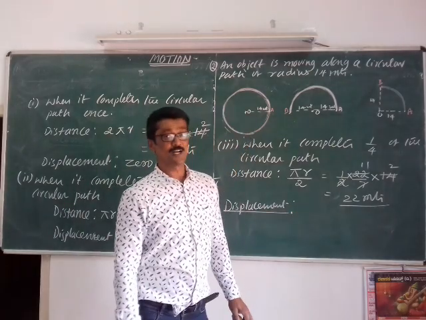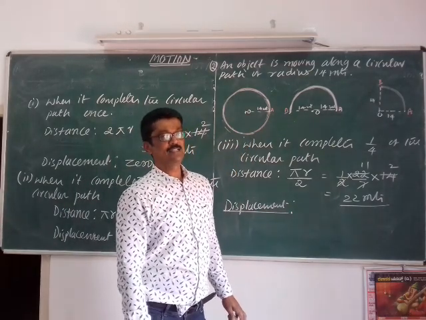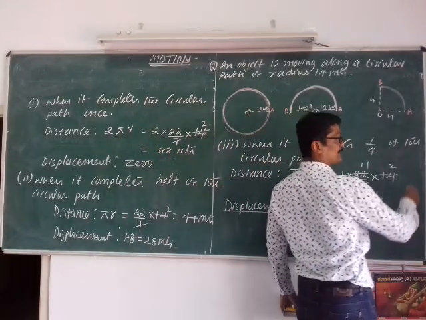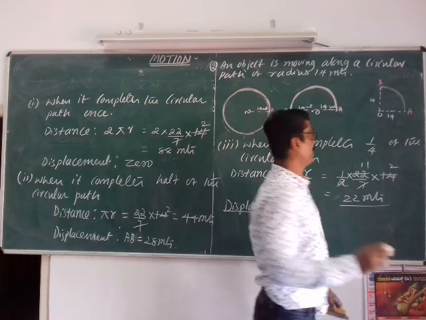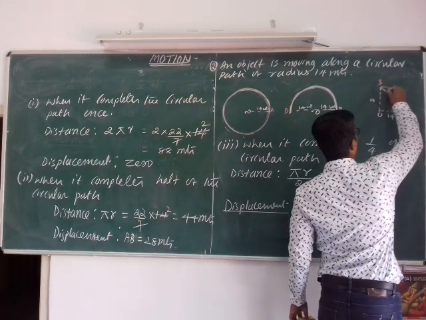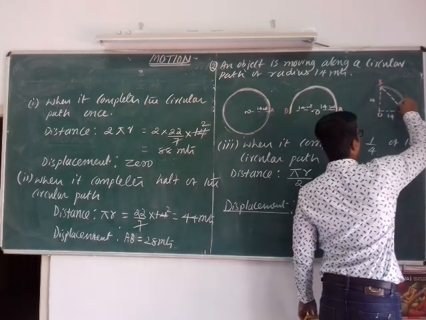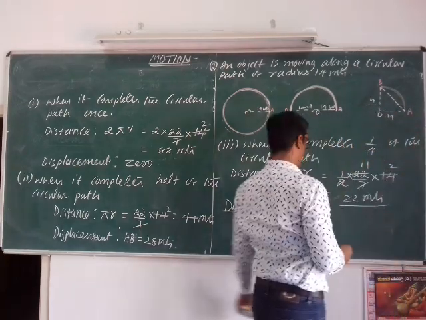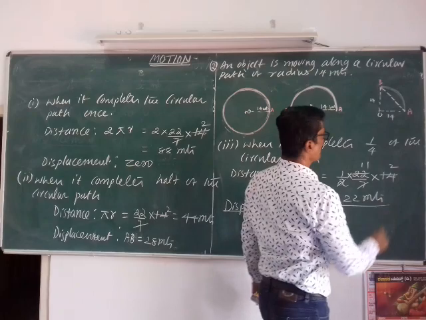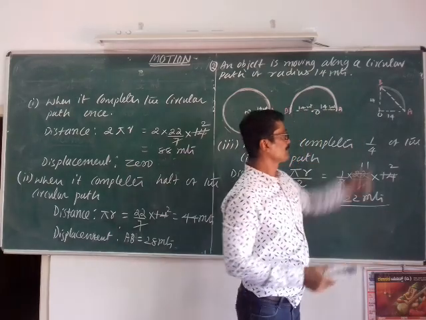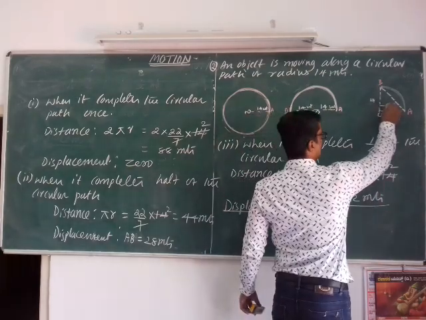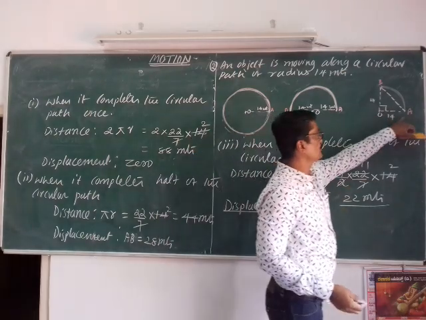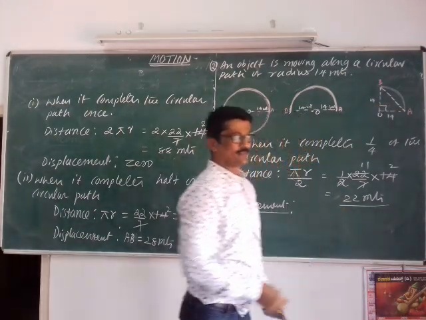Displacement means shortest path between initial position and final position. So shortest path means straight line path. So I have to join A and B. We have to find out this one, AB. To find out AB, you have to consider Pythagoras theorem. The angle between two radii is 90 degrees.